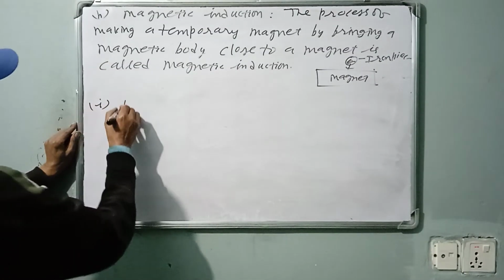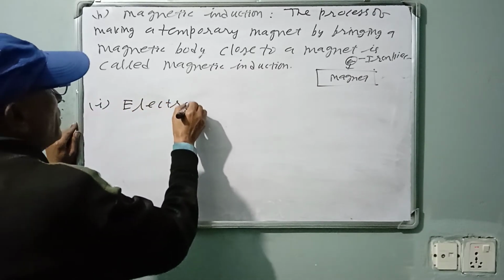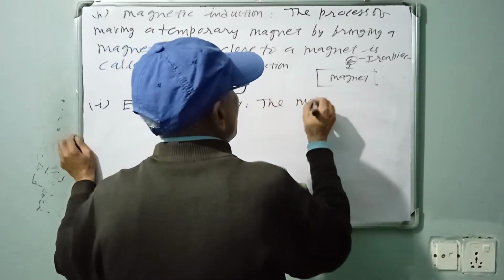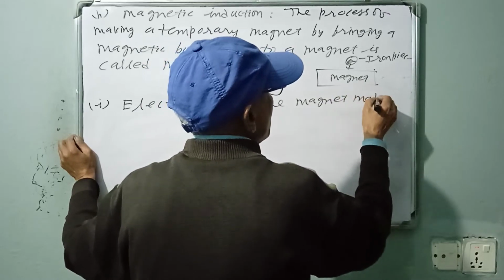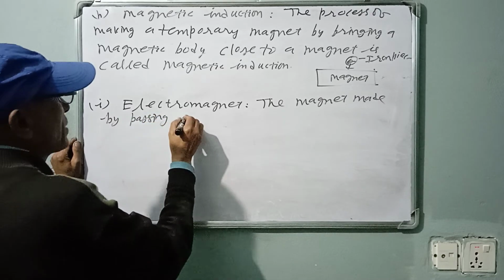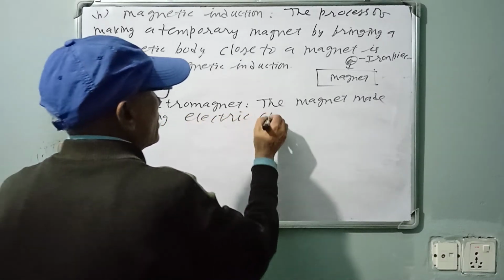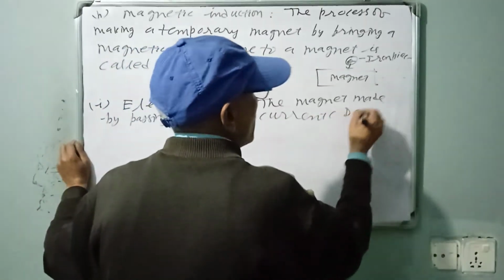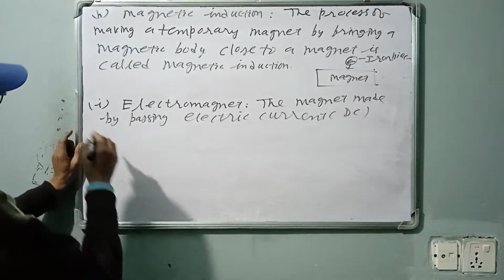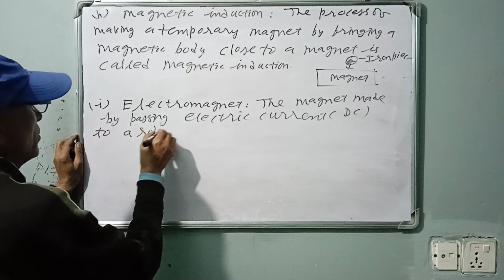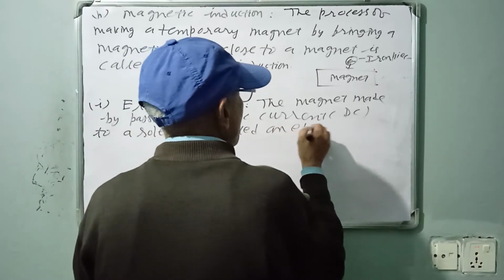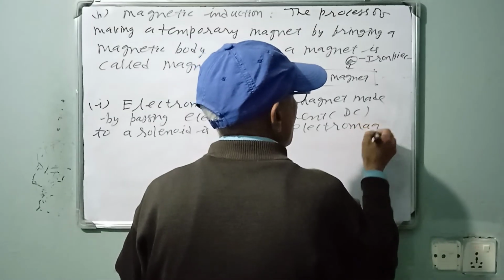Another is electromagnet. The magnet made by passing electric current, here direct current, or DC to a solenoid is called an electromagnet.